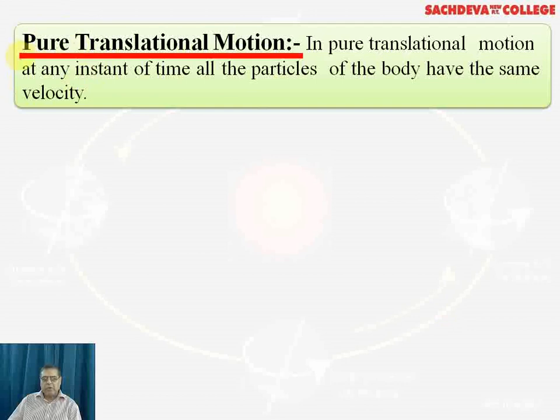Now, what is pure translational motion? When we use the term pure translational motion, it means that at any instant of time all the particles of the body have the same velocity, as I have just now explained in the case of the inclined plane.